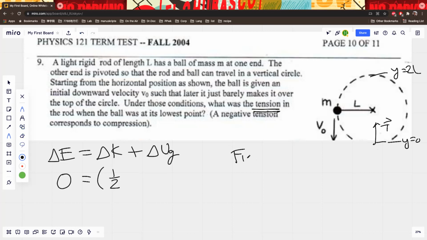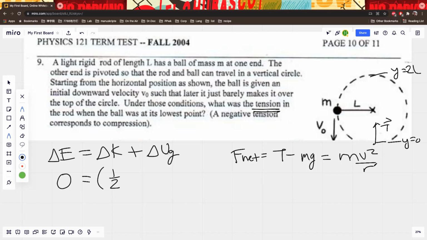So F net equals tension minus gravity equals mass times acceleration. Yeah, and then I don't really know where to go from here.